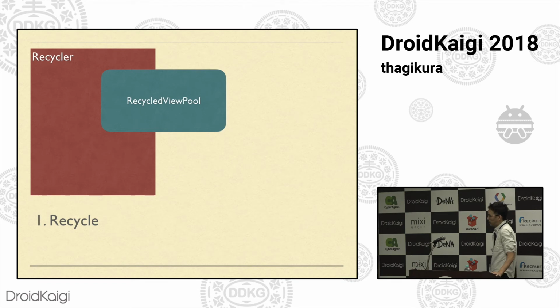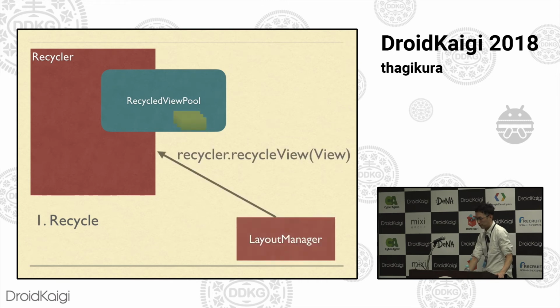The first type, recycle: within the RecyclerView, there is a component called recycler, which manages the cache in RecyclerView. When a layout manager recycles a view, the view is stored in a component called the recycled view pool.